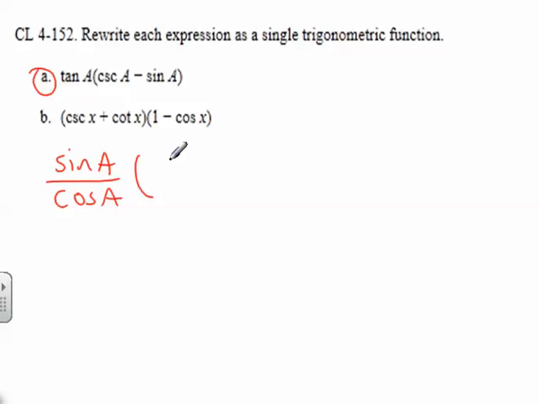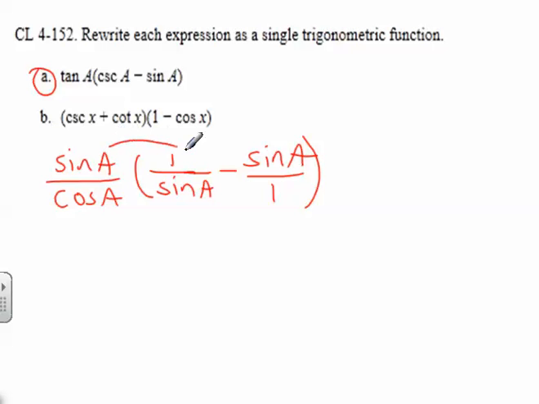We'll rewrite that one, 1 over sine of A. And then minus sine of A over 1. Okay, there's two things we could do right here. We could make a common denominator here and add those together and then multiply. Or we could distribute. I choose distribute, so I'm going to multiply this times this and write down what I get.